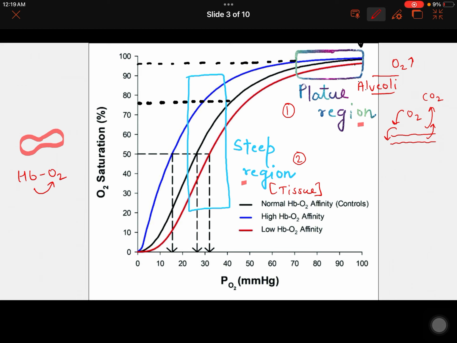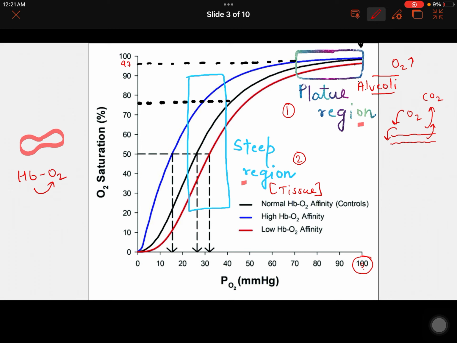In the lungs, the partial pressure of oxygen is around 100, as you can see here, and the saturation might be around 97 or 96. At a partial pressure of oxygen of 100, the saturation is the highest.